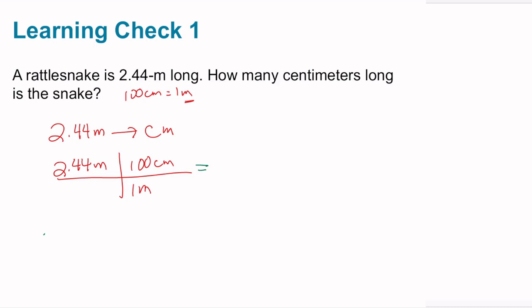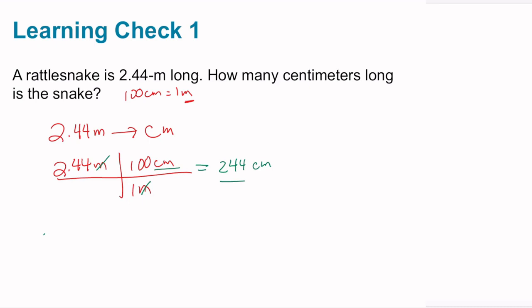So our final answer is 244 centimeters, because meters divided by meters is 1, and it cancels out, and we're left with centimeters. 2.44 times 100 divided by 1 is 244. Now let's consider the significant figures.